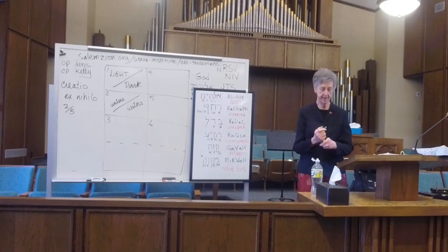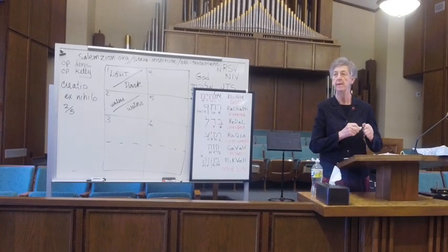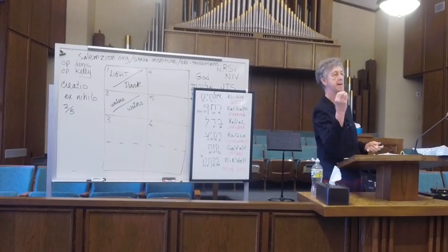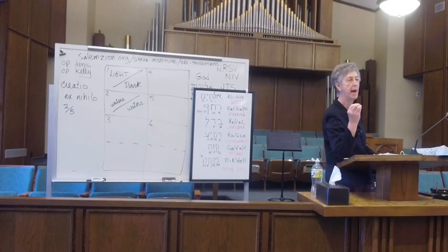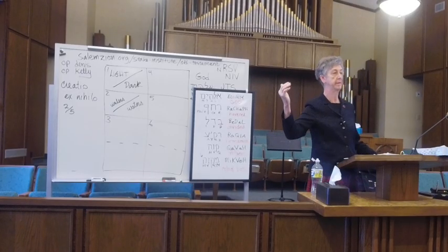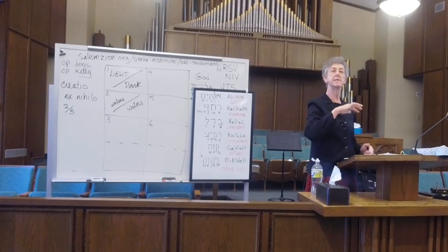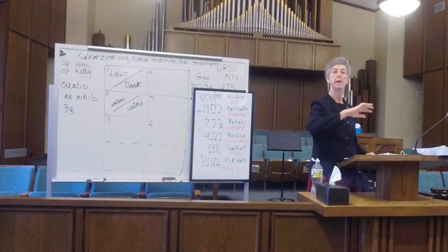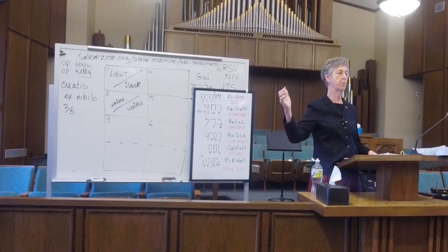And I like that translation, because rakia means something metal hammered out extremely finely, like gold leaf. Or, as they'll use the terminology later, the heavens are as brass.